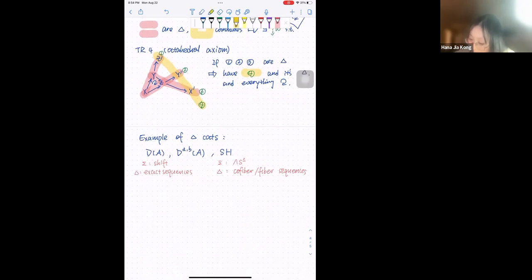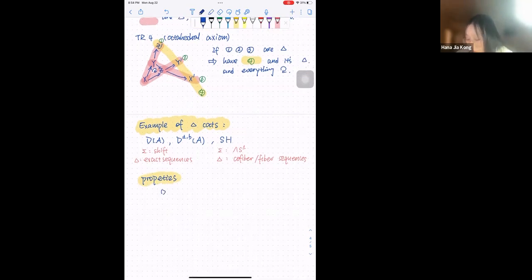If you have a triangulated category, then there are some properties, or exercises, you can immediately deduce from the axioms. For example, if you have a distinguished triangle, then the composite of successive maps is 0.